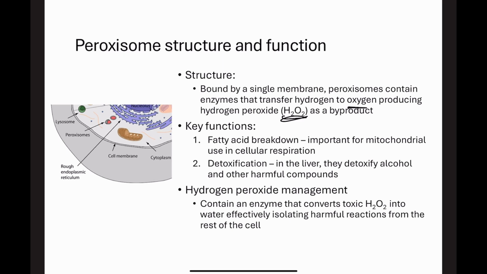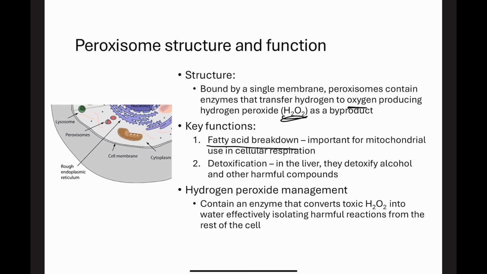And these peroxisomes have a few functions. One of their functions is fatty acid breakdown. The peroxisomes break fatty acids down into smaller molecules that are transported to the mitochondria to serve as fuel for cellular respiration.